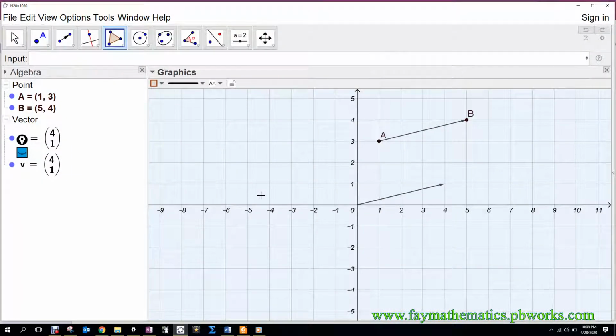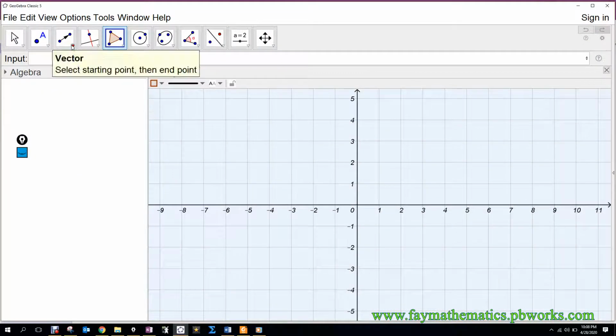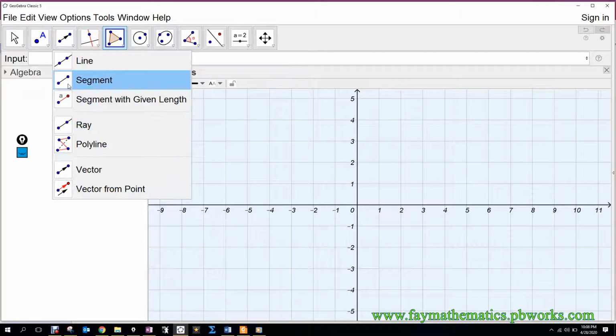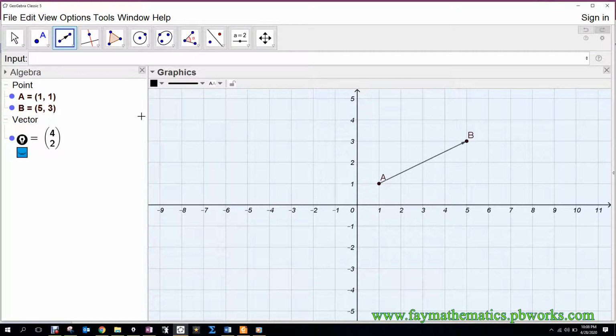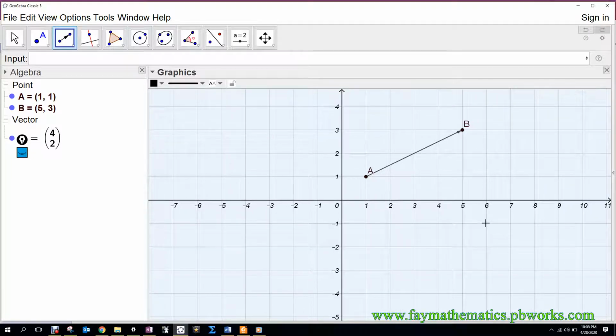If I had something like this, let's say I've got a vector, let's go from 1, 1 to, let's go 1, 2, 3, 4, and then up 2. So I got that vector 4, 2. Now I could also have a vector that does this.